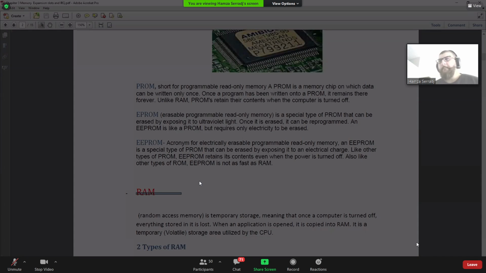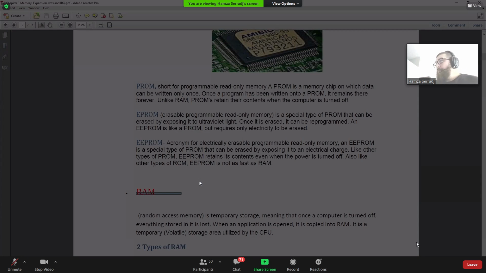The EEPROM, the data is printed on the circuits. So this is why it's non-volatile. Even if you have no electricity at all, once you charge that circuit with electricity, you can read what's already inside because it's already printed on the circuits, right?